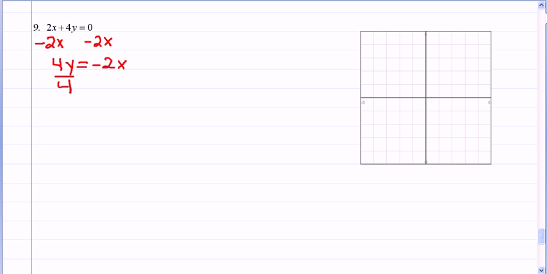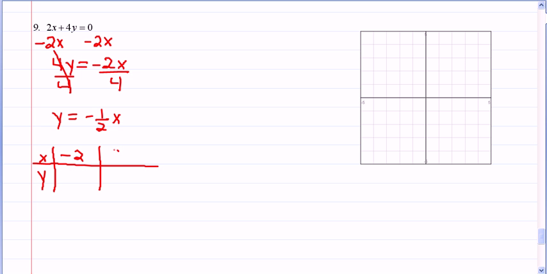And then we divide by 4, and the 4's cancel, and -2 over 4 reduces to -1/2 x. So now when I make a t-chart, I'm going to change my values so that I have multiples of 2 because 2 is my denominator. So I will go with -2, 0, and 2.